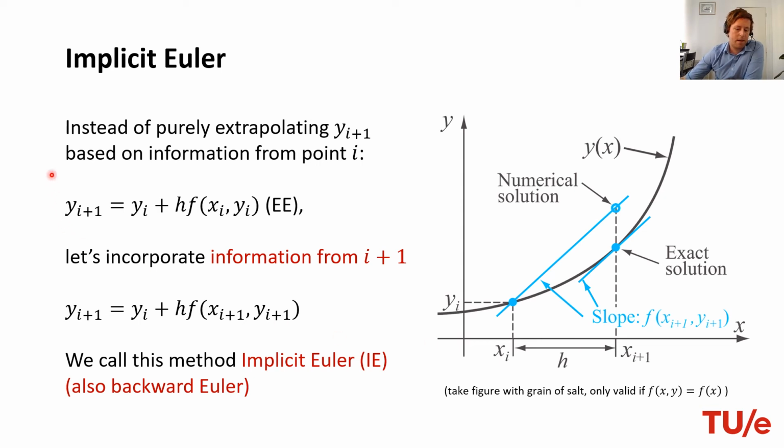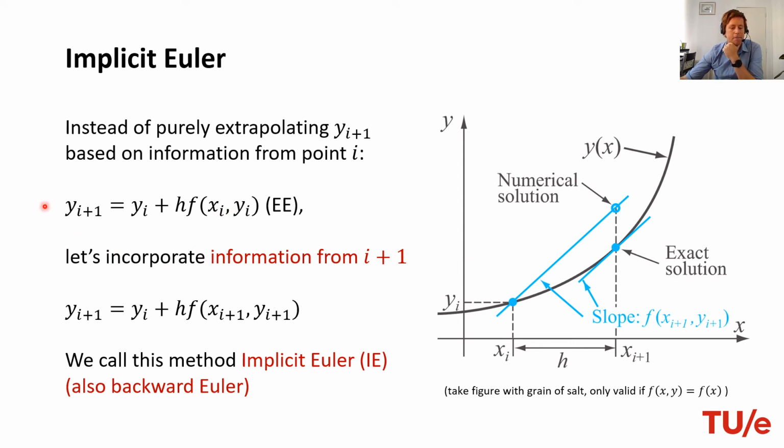Instead of purely extrapolating the solution based on current information, maybe we can try to incorporate some information from the solution already in the new step. And that is what implicit Euler does.